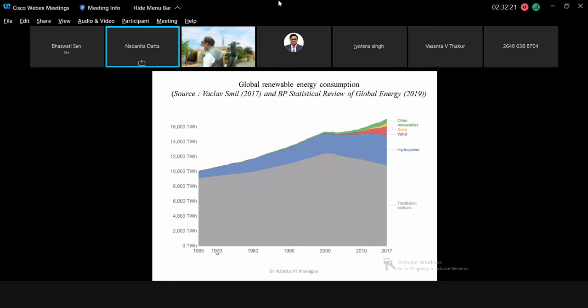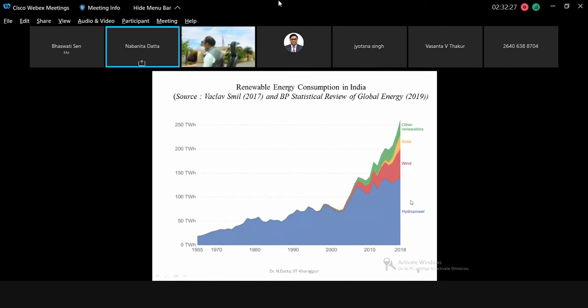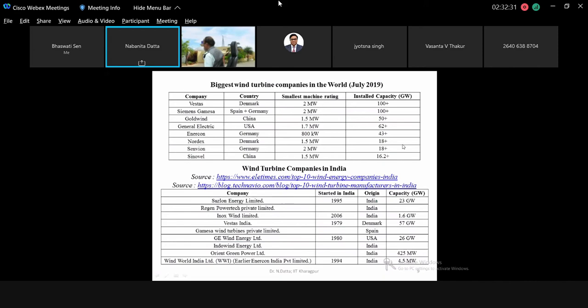The global renewable energy consumption has also increased. We see hydropower is a big competitor, and slowly wind, solar, and other renewables are also coming up. Now we have some of the biggest wind turbine companies making big wind turbines. Even their smallest machines are in the order of megawatts. And we have wind turbine companies in India also, making big wind turbines.